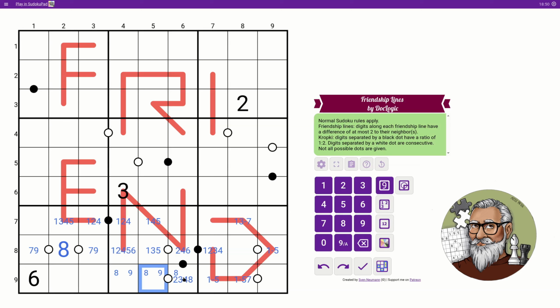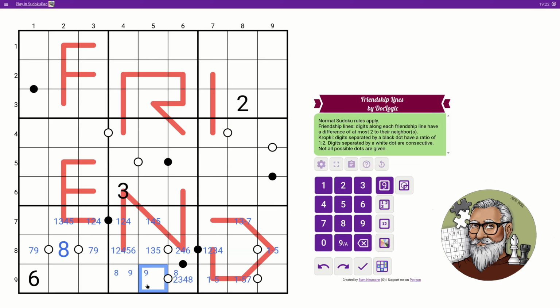Okay. And if this is 9, then this would have to be 8 and 7. Yeah, that's not necessarily conclusive, is it? Because the 7 could be there or there. Well, this one can't be 8. Oh, yeah, okay. No, that still doesn't help.